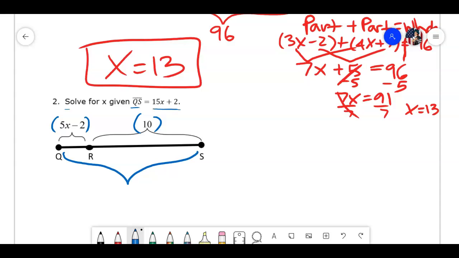Sometimes you do got to read. It gives you information in the instructions there. So QS is 15x plus 2. Okay, I have a part, I have a part, I have a whole. What's my equation? What do I put?